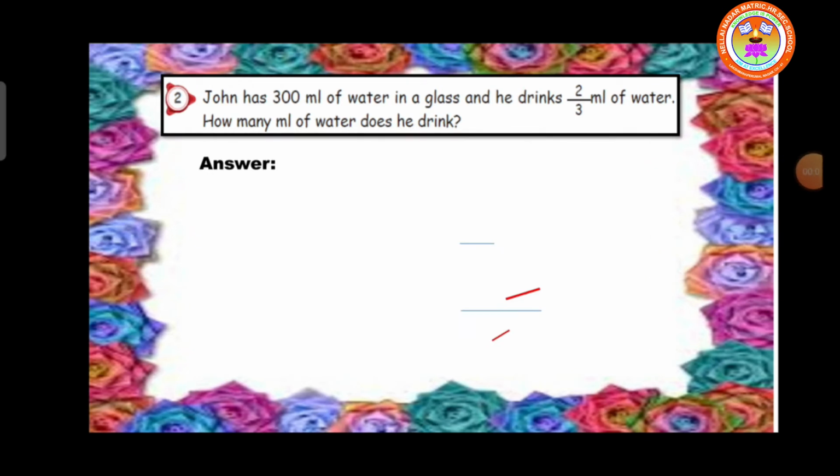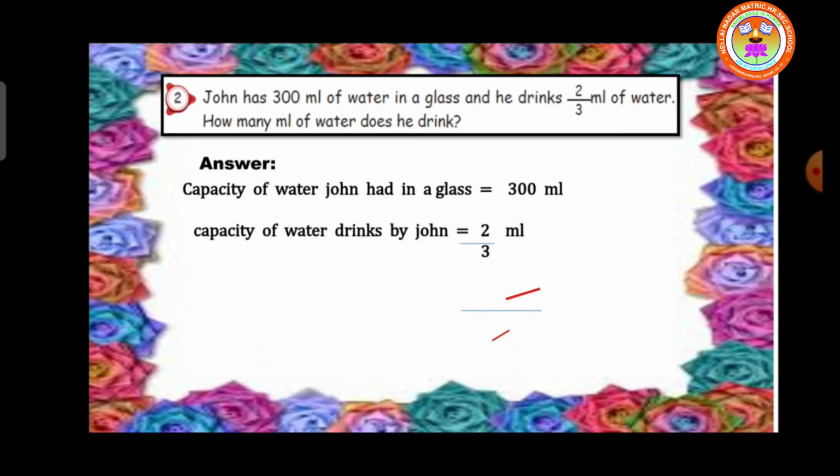second question. John has 300 ml of water in a glass and he drinks 2 by 3 of it. How many ml of water does he drink? Answer, statements. Capacity of water John had in a glass is equal to 300 ml. Quantity of water drunk by John is equal to 2 by 3.